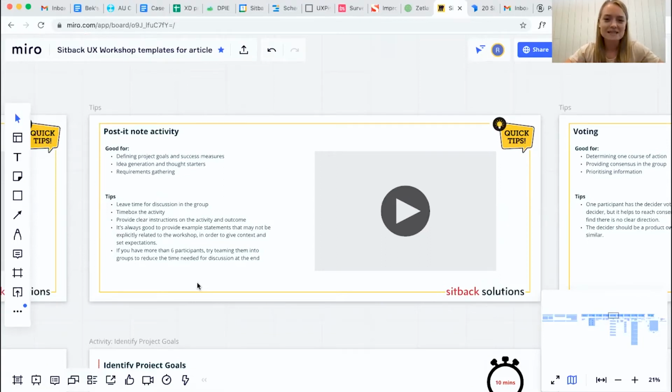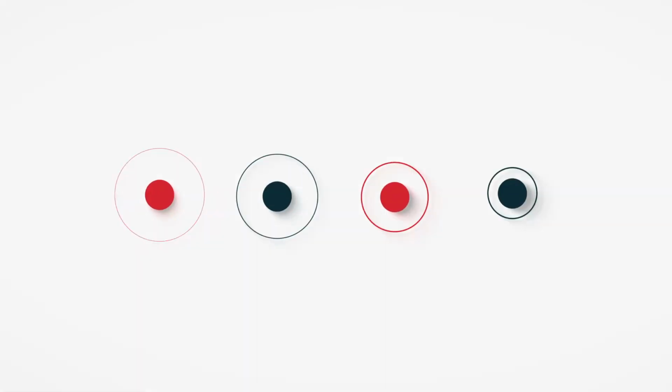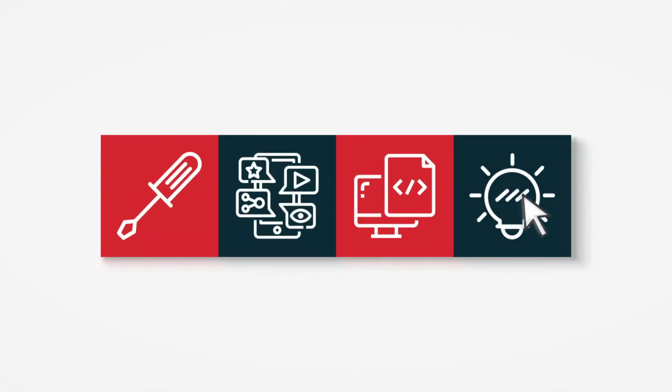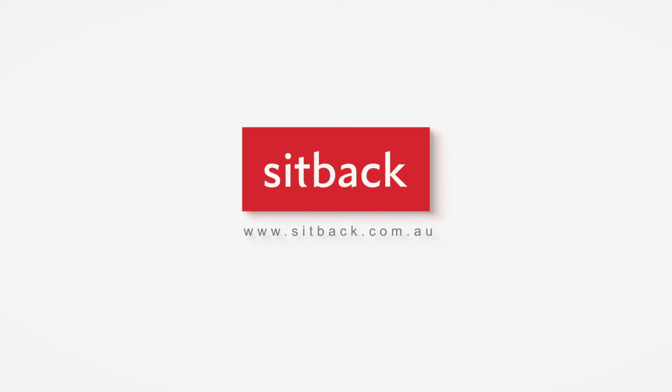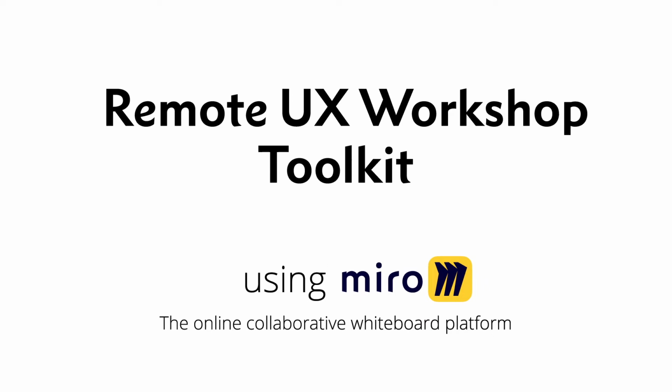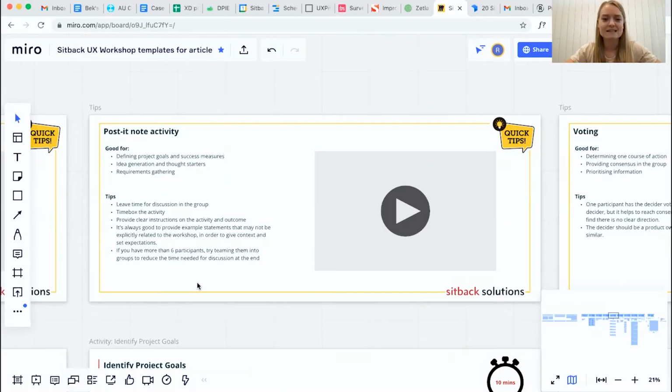This next activity that we're going to be looking at is a post-it note activity. So this, I guess, is quite broad and generic in terms of that title, but it can be used for a number of different activities, goals, and objectives.